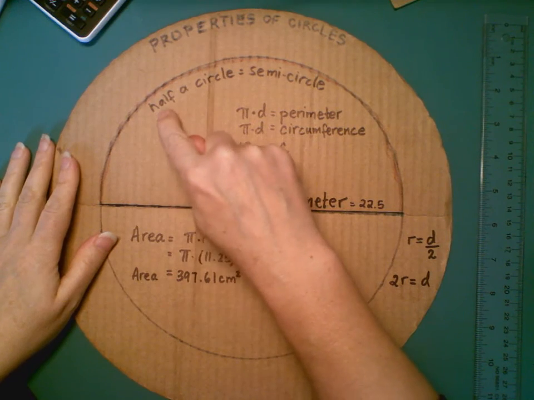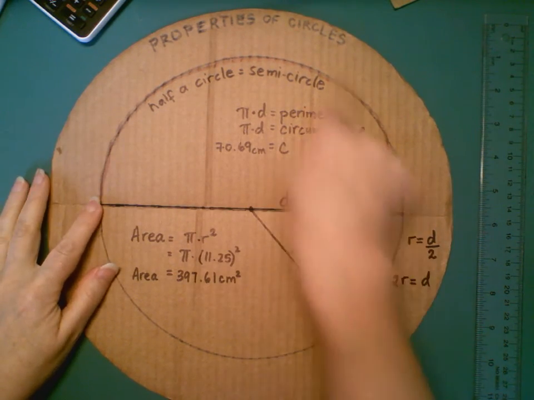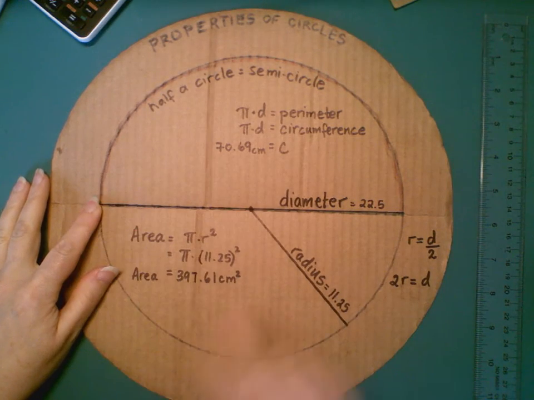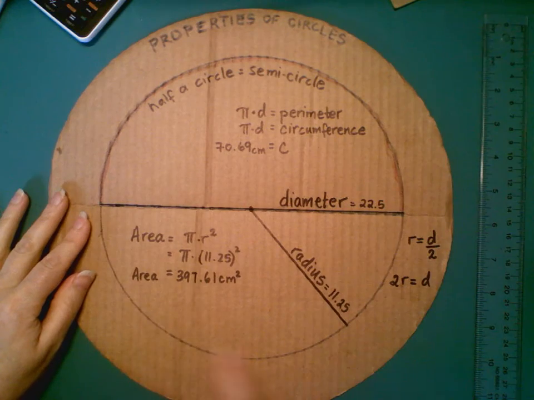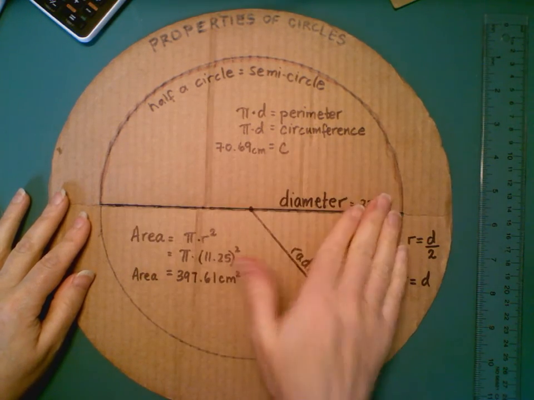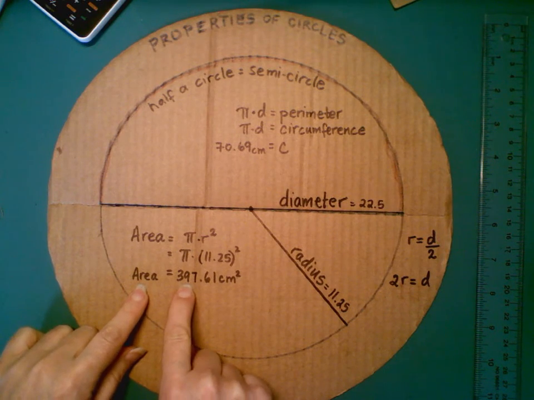And as the name semi or half indicates, the perimeter would be half the perimeter, so half of 70.69. The area, if I was doing the area of a semicircle, it would be half the area of the whole circle, so half of 397.61.